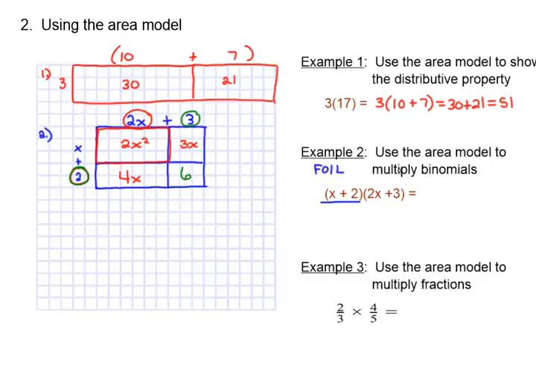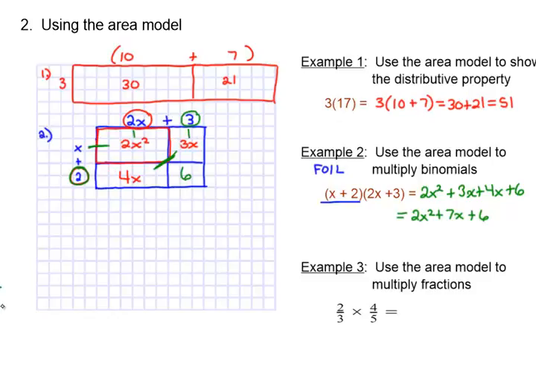So if you can see now, what I have is 2x squared plus 3x plus 4x plus 6, which we can add like terms, 3x and the 4x, so we have 2x squared plus 7x plus 6. So that's an area model. You're just multiplying all the pieces together.